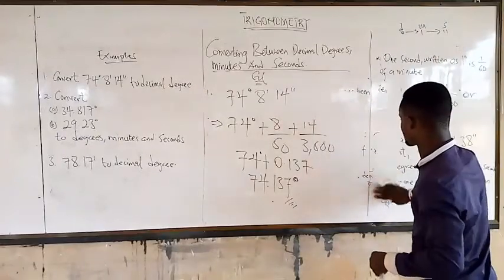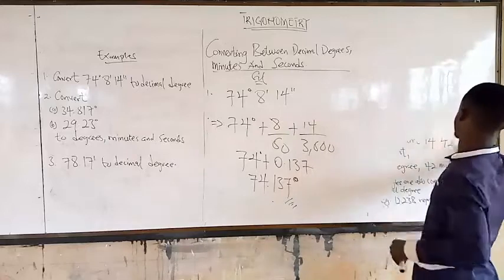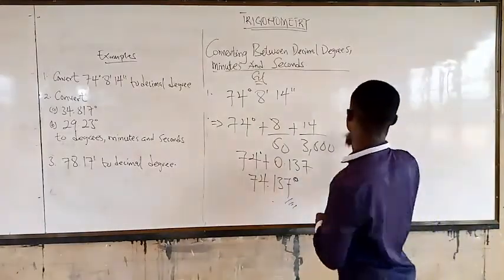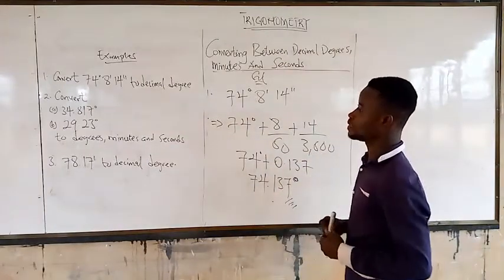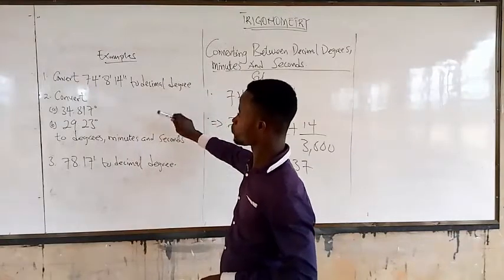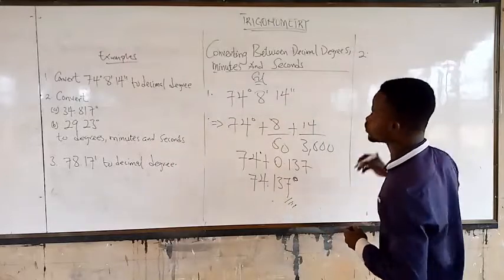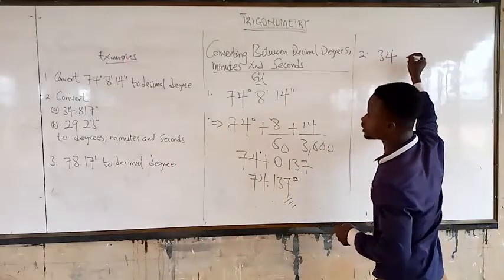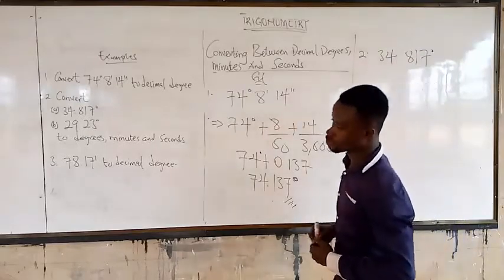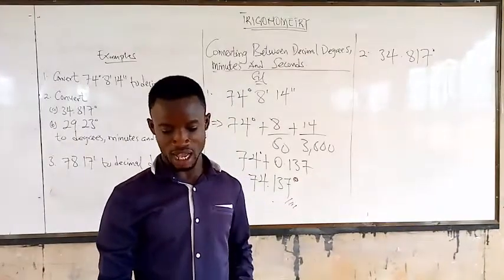Let's look at the second question. Looking at the second question, we have to convert 34.81 degrees to degrees, minutes, and seconds.